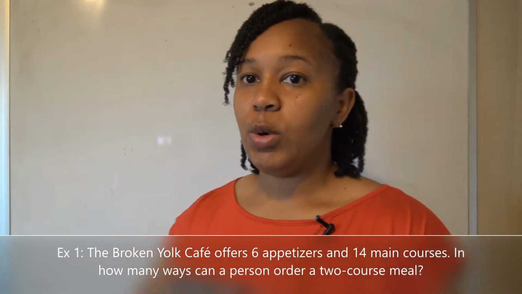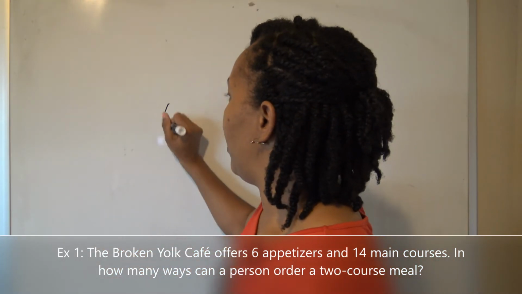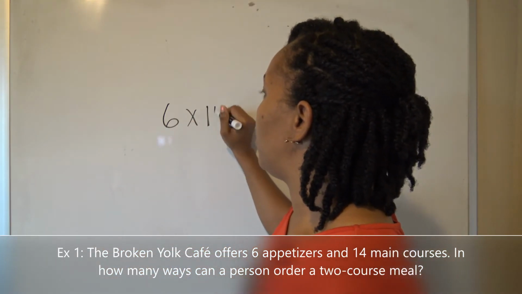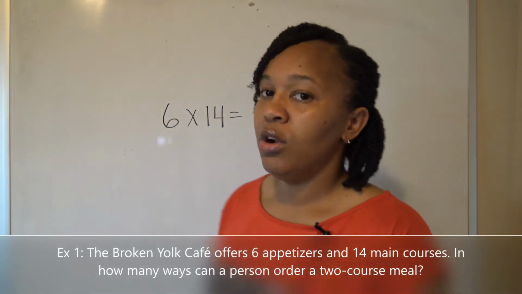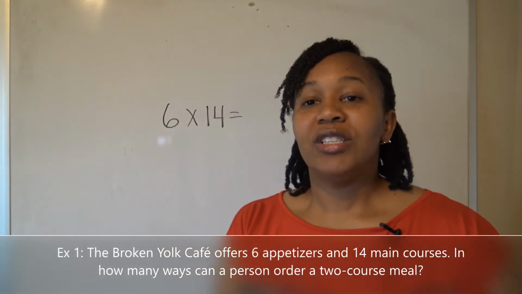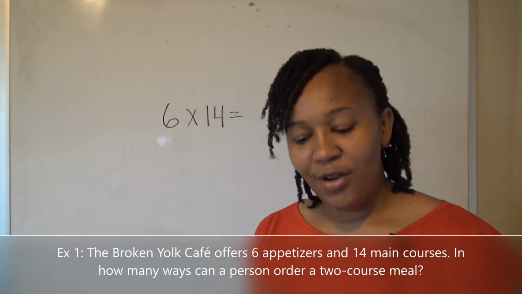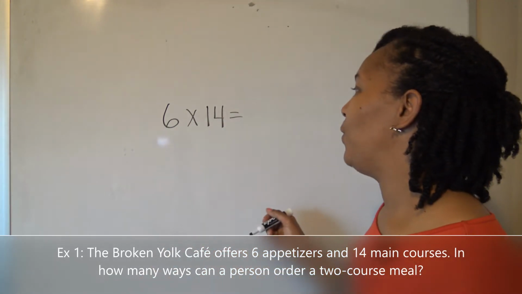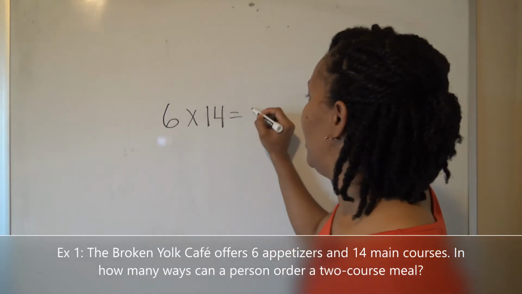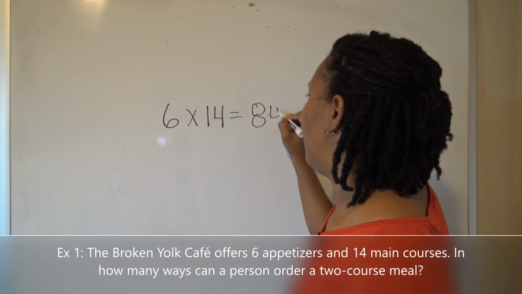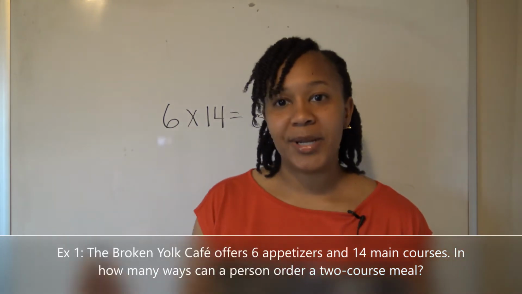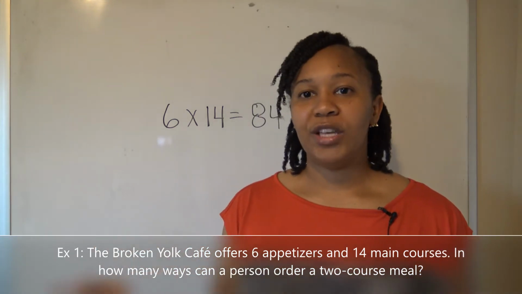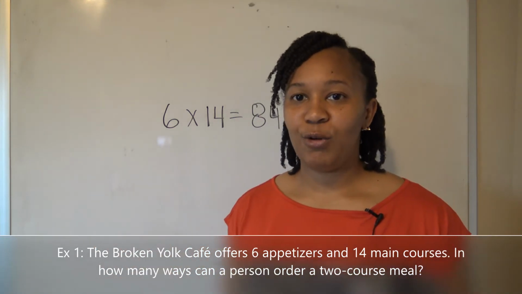So the way you would calculate how many 2-course meals you can have, you will multiply the 6 and the 14, and 6 times 14, you get a total of 84. So there are 84 different combinations of ways you can order an appetizer and a full course meal together.